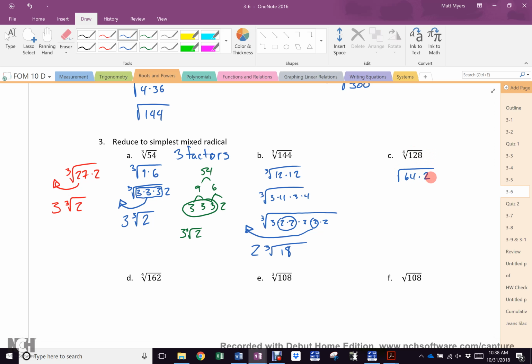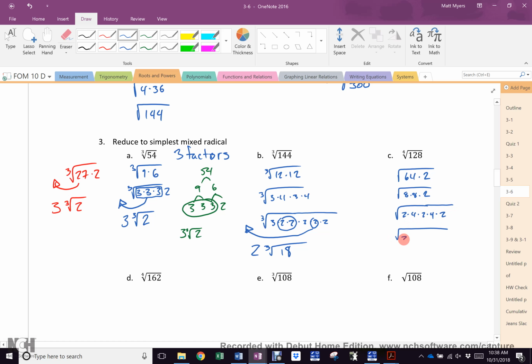Right? So let's break down 64 again. That's 8 times 8 times 2, isn't it? I don't see any 4s. 2 times 4 times 2 times 4 times 2. Oh, we're getting close now. I want 4. Better break it down again.